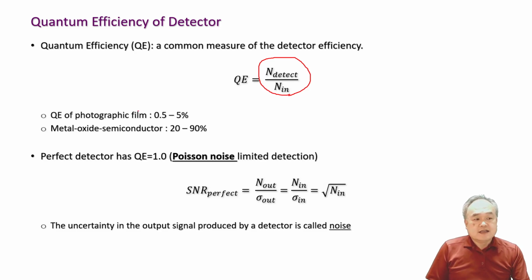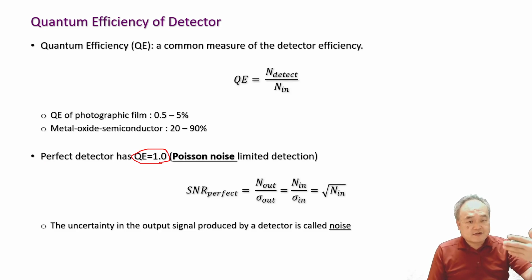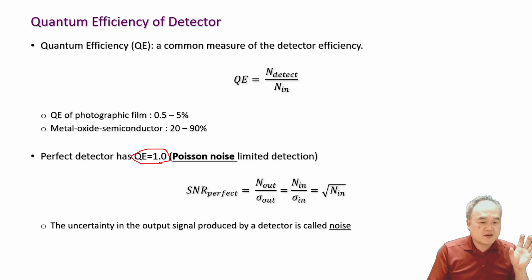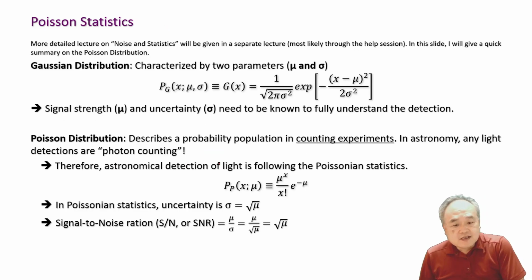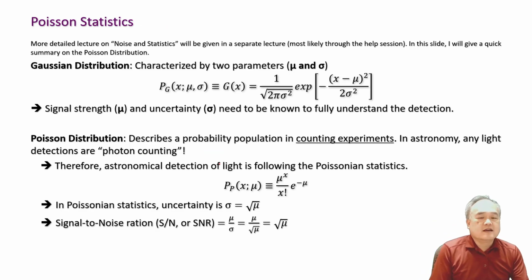Even for the perfect detector with a QE of 1, meaning 100% of the incident photons are detected, that hypothetical perfect detector still has an intrinsic noise source, known as Poissonian noise. So I will go to the next slide and then come back. Okay, so Poisson noise.